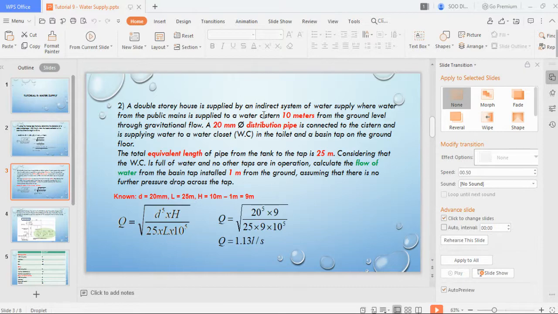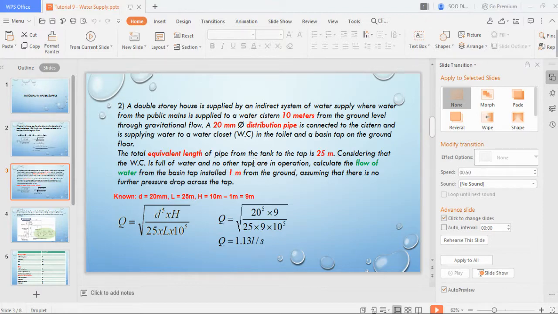Okay, so question number 2. Question number 2 provides a lot of information. But basically from the information here, you will be able to extract that D, the diameter, is 20 mm, the length is 25 mm, and there's a difference of H. It's provided that there's 10 meter for the head, and there's a difference for the basin type, which is installed 1 meter above the ground.